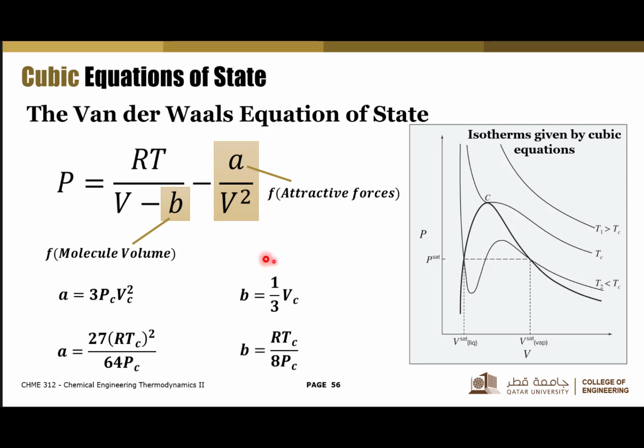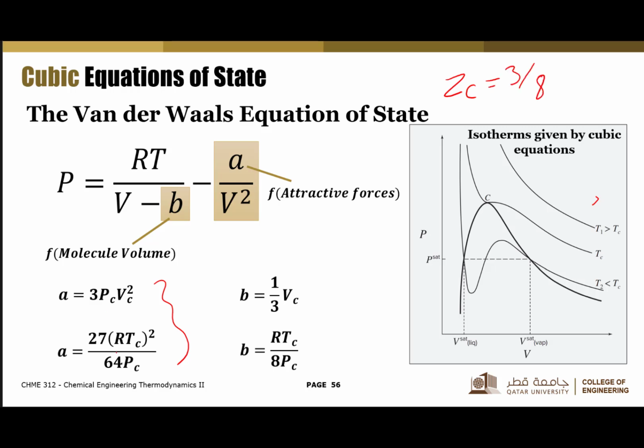All right. The way you derive this equation compared to this equation is by setting ZC to 3/8. Okay, so in the derivation of these, they set the critical compressibility factor Z to 3/8.